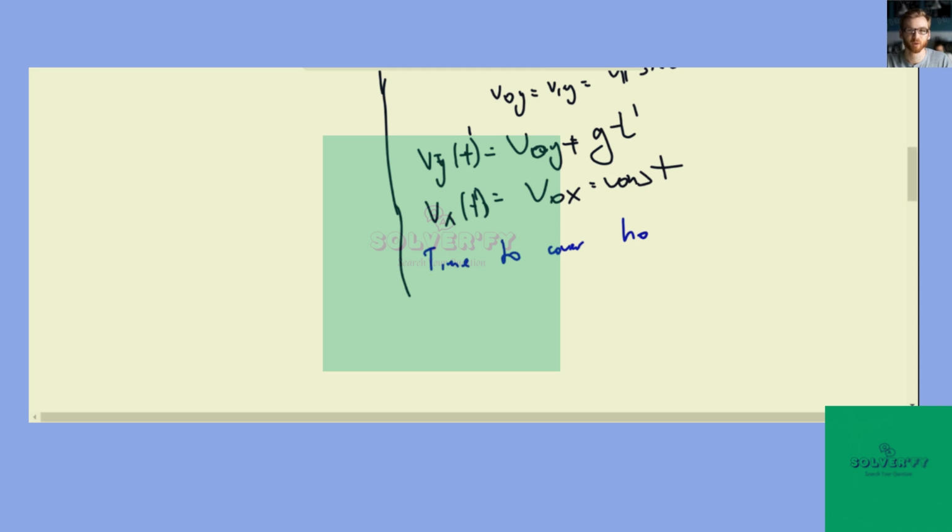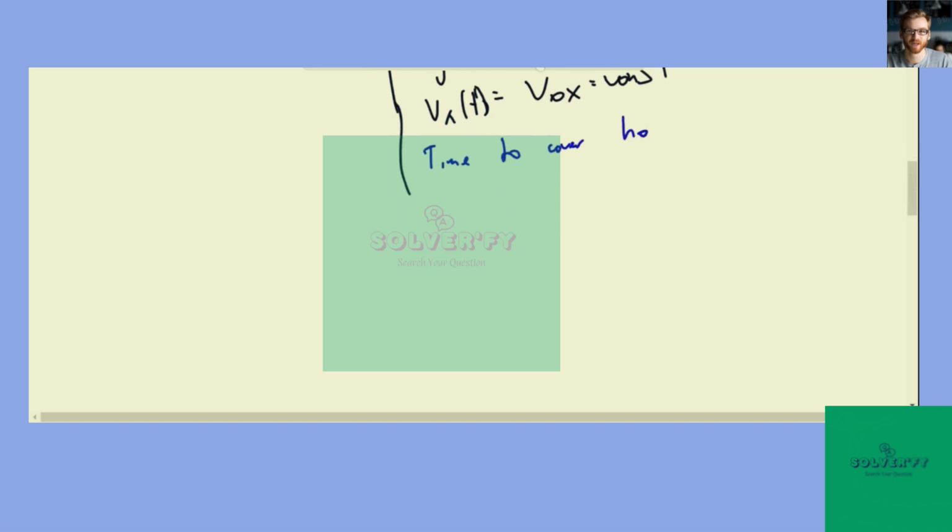We need to calculate the time and the velocity at the end. So let's redraw this system. Here is the initial point where t prime is 0, and then the car reaches the ocean somewhere at this point, where it has velocity v2, which we have to calculate.